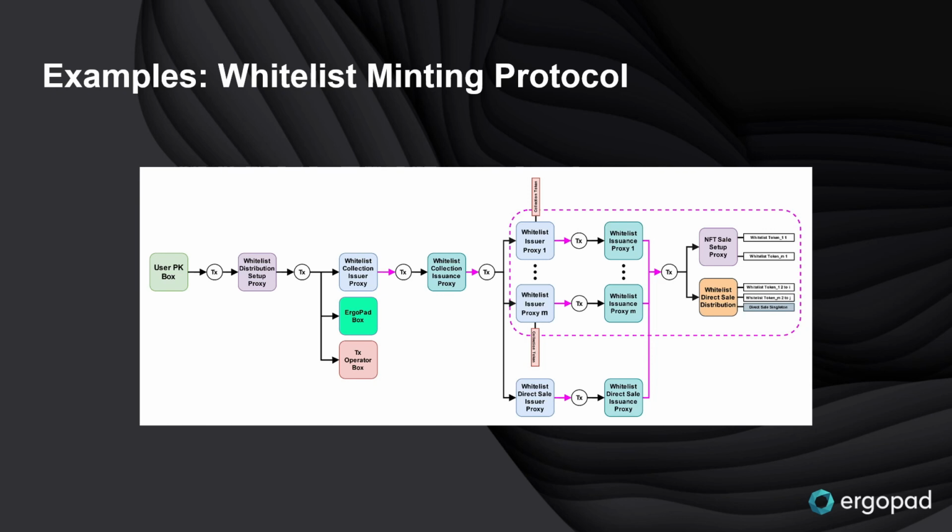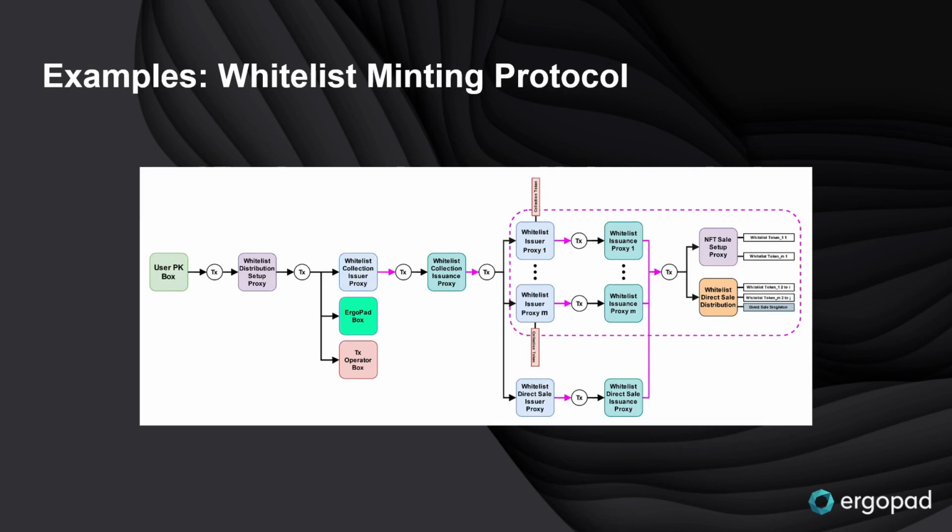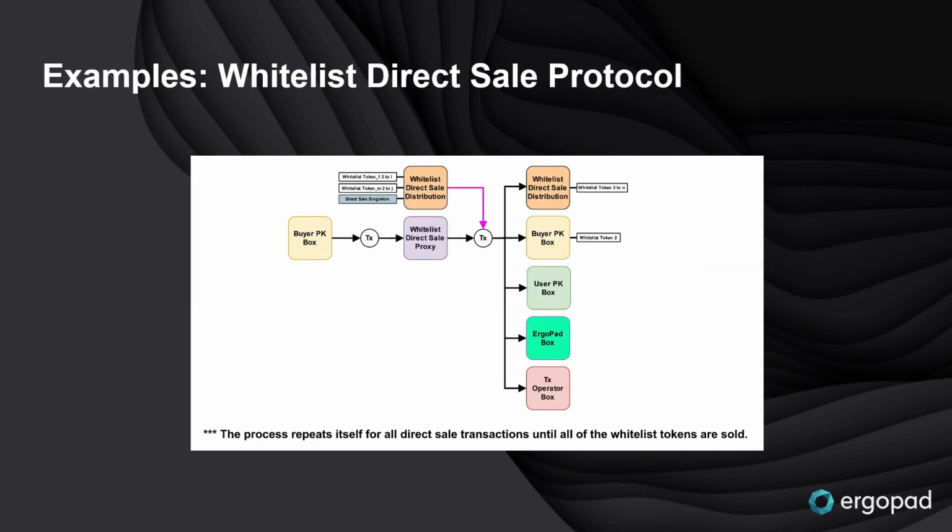So now we're going to cover what the direct sale is. Here, this direct sale was created in the whitelist minting protocol section, and then it gets chained in this direct sale protocol. So a user would send money to a direct sale proxy, which ensures that the funds go to the right boxes in the right way.